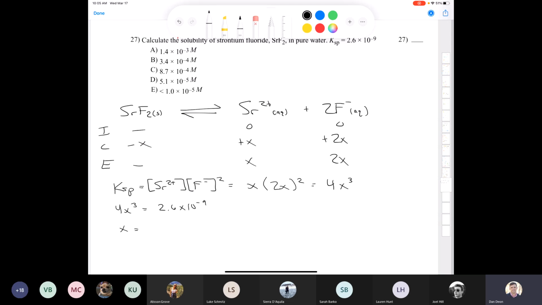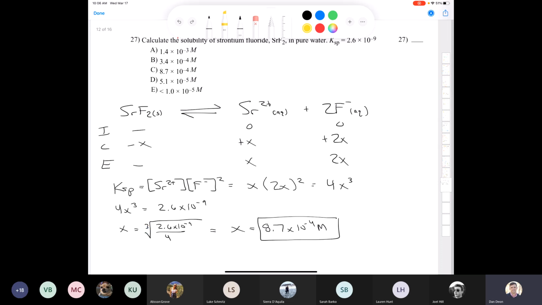So x is going to be equal to the cube root of 2.6 times 10 to the negative 9 divided by 4. We get that x, which is our molar solubility, the amount of strontium fluoride that went into solution, is equal to 8.7 times 10 to the negative 4 molar.